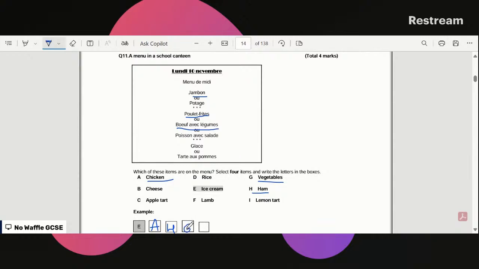They're trying to trick you there. And then poisson avec salade, fish with salad, doesn't seem like an option. Tarte aux pommes, apple tart, that is an option, so there you go. So A, H, C, and G.